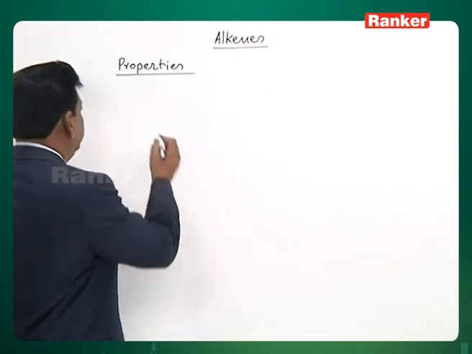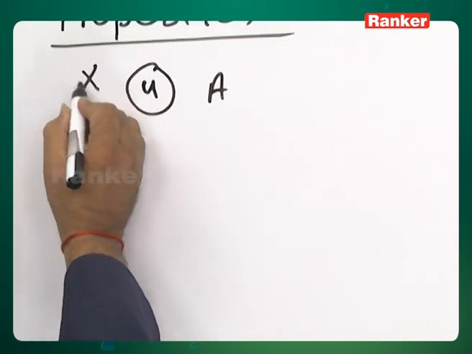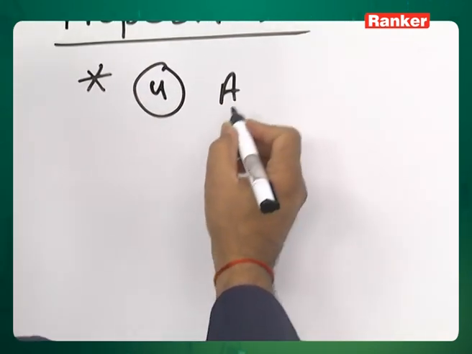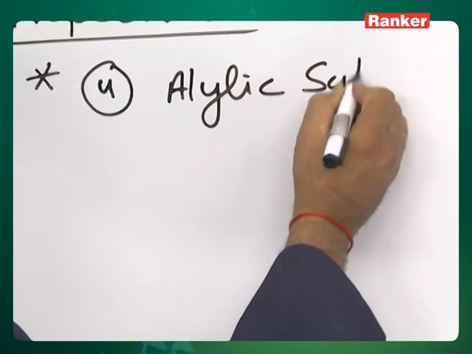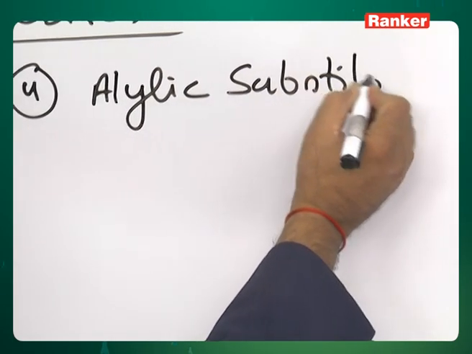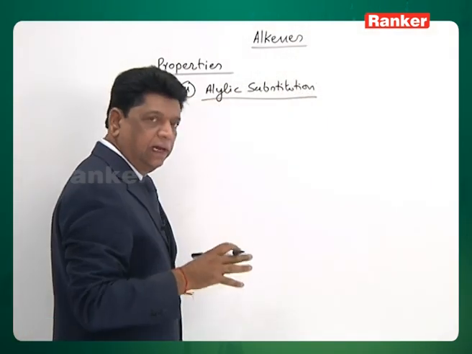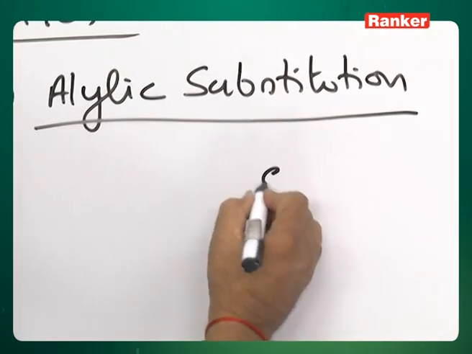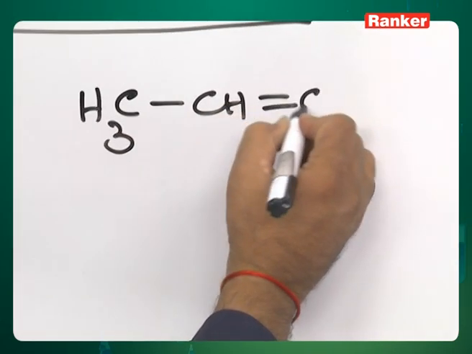So, let us go to the fourth property, a special property of the alkenes: allylic substitution. Before going to exactly the allylic substitution, let us observe what happens when propene is treated with chlorine.